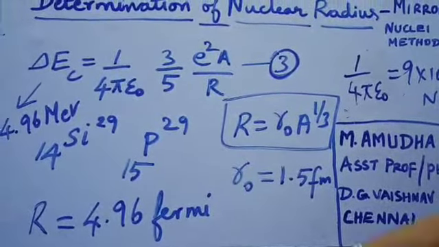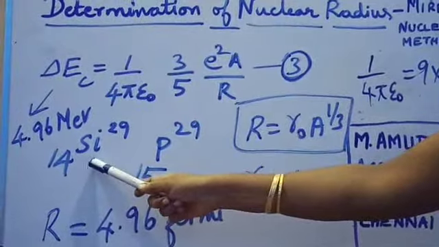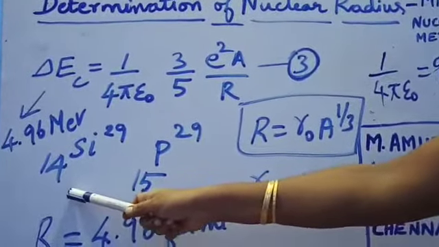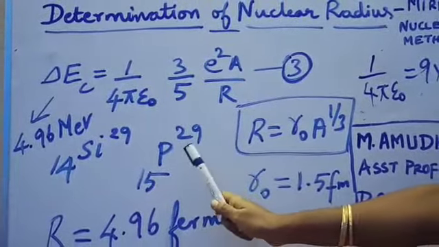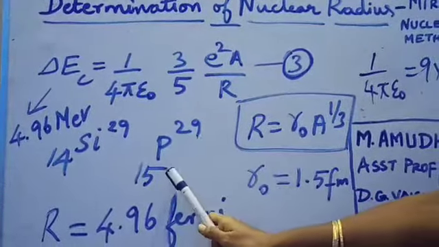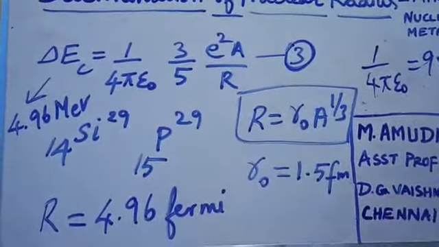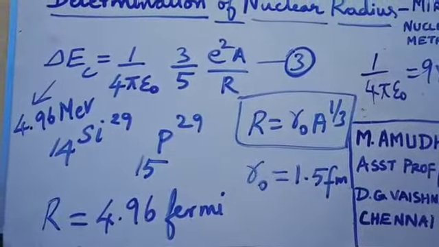If the number of protons for one of the nuclei is Z, the number of protons for the other nucleus is Z plus 1. This is common for all the mirror nuclei.